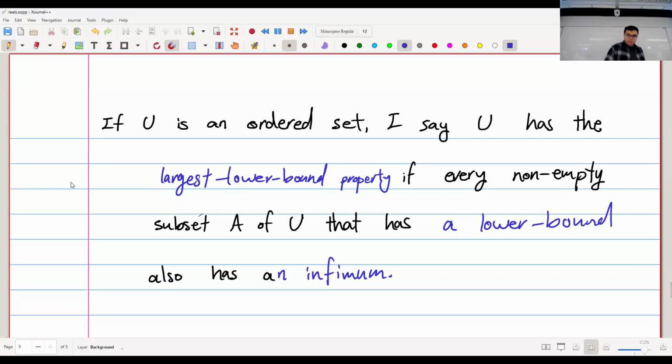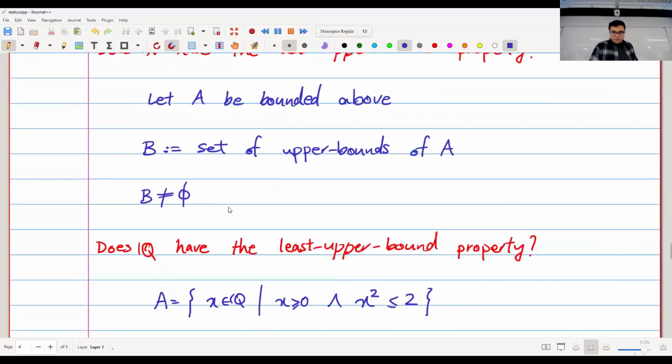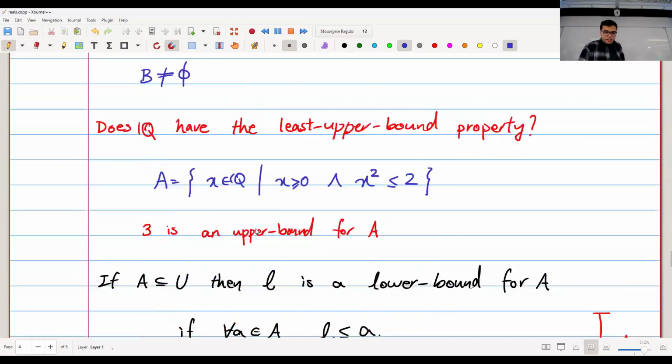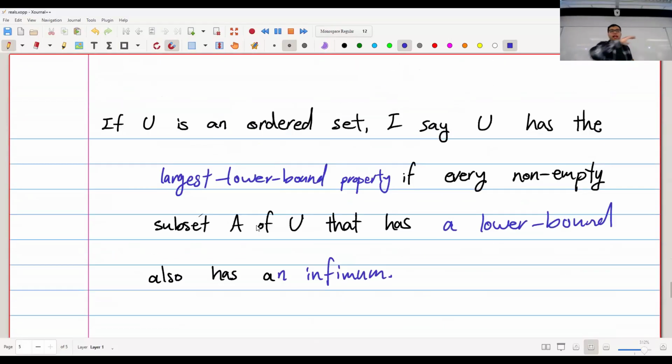Okay. So these two seem like different properties, right? So this one says that if I have a set and I have an upper bound, I have a least upper bound. This one is looking at the other direction. It's saying that if I have a set and I have a lower bound, I have a highest lower bound.